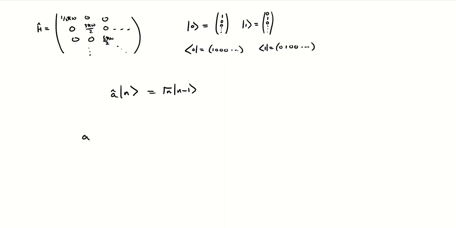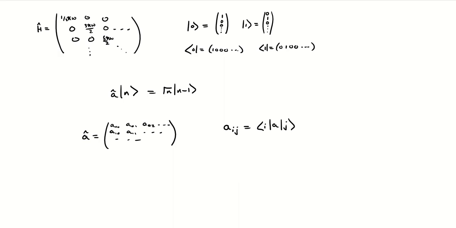So if I want to know what my lowering operator is in matrix notation, well, it's got A00, A01, A02 elements, and then A10, A11, and so forth. That's what my matrix is. I know those matrix elements, A_ij, are just that operator sandwiched between the ith eigenbra and the jth eigenket.